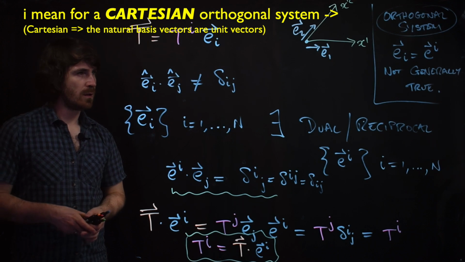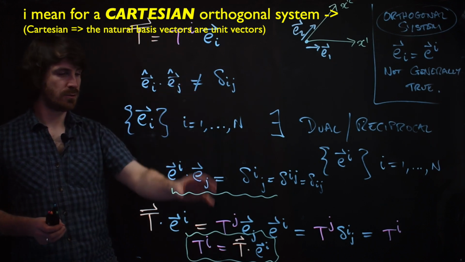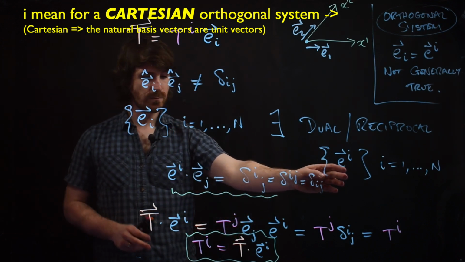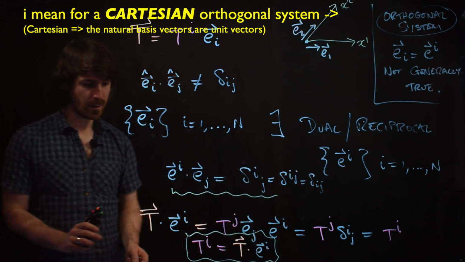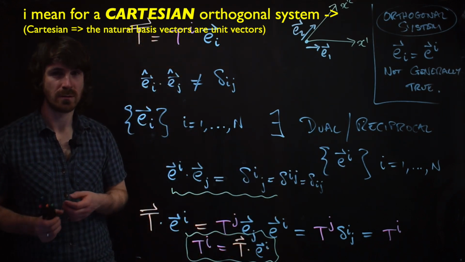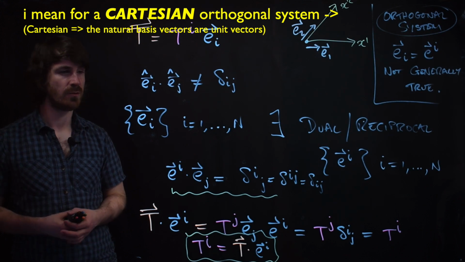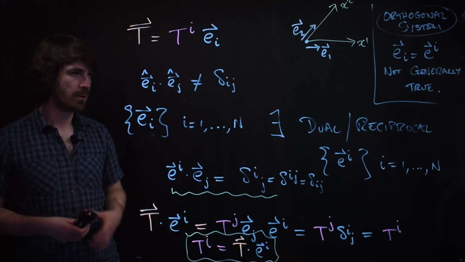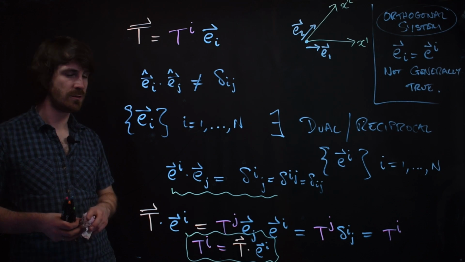And we'll see that these dual basis vectors can be used with the covariant component to provide a different representation of our vector. But let's think about what these dual vectors actually are.